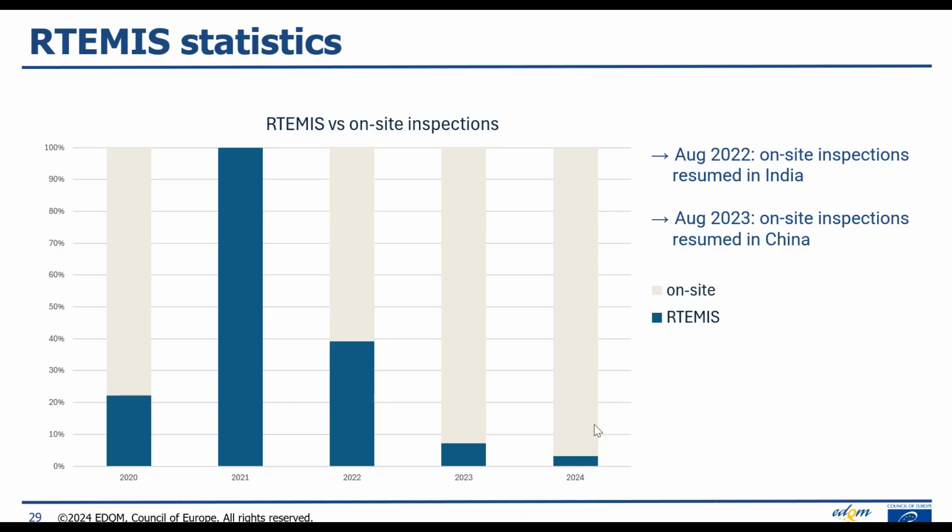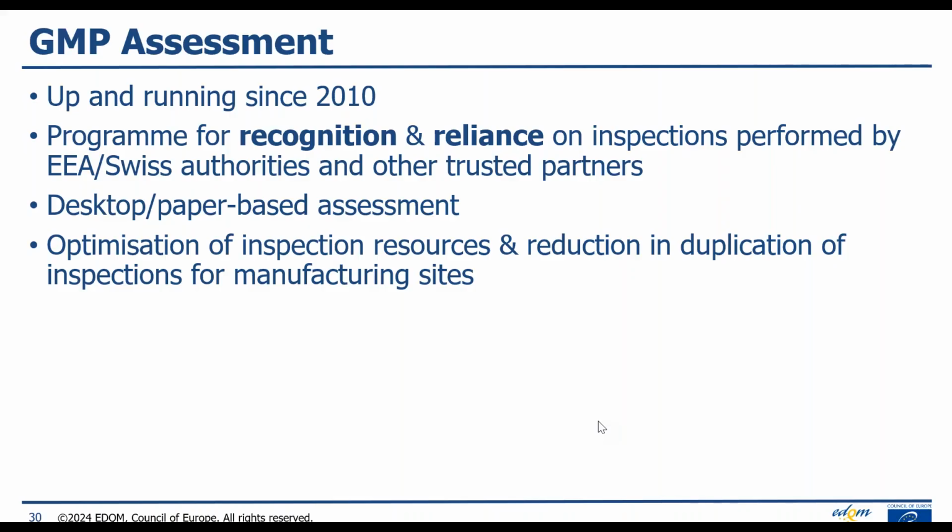So then just to touch on the GMP assessment process that I mentioned as the third pillar of our supervision of GMP compliance. This has been up and running since 2010. It's essentially a program for recognition and reliance of inspections performed by EEA or Swiss authorities and other trusted partners, typically other MRA countries.